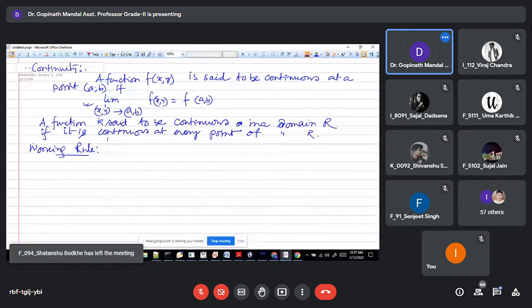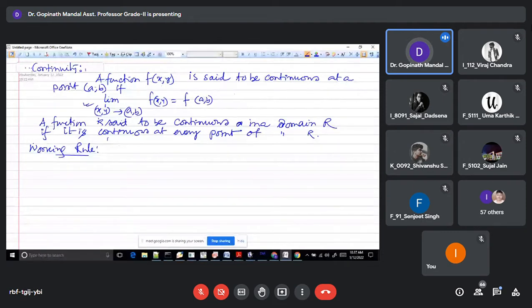Working rule. Step 1: First, f(a,b) should be defined. f at the point (a,b) should be well defined.